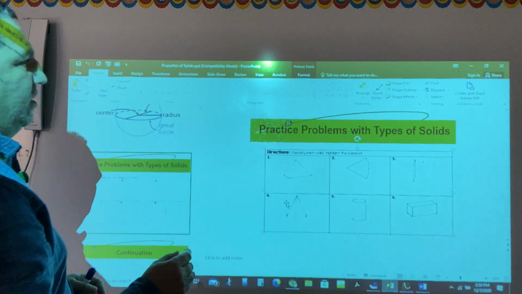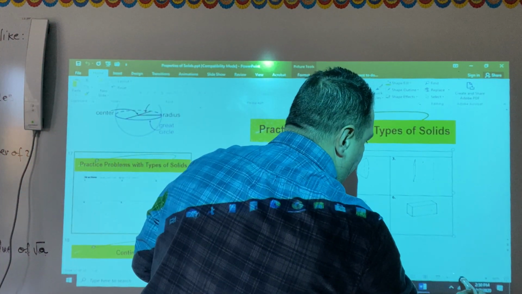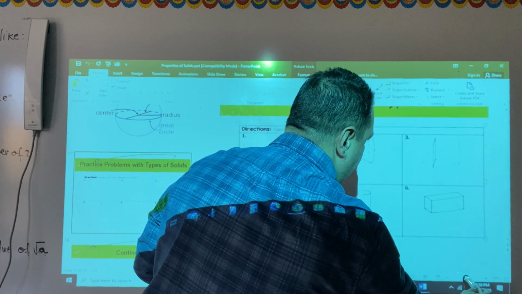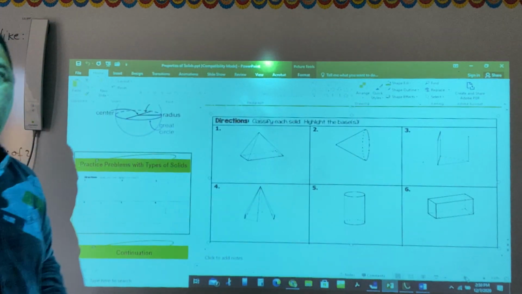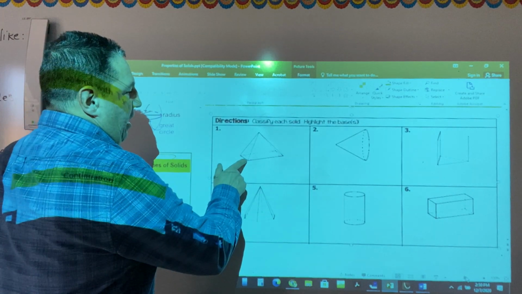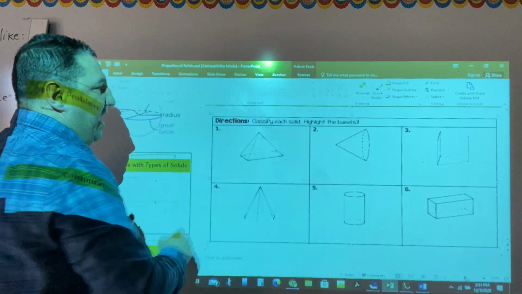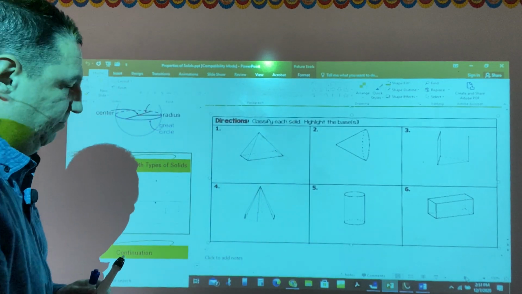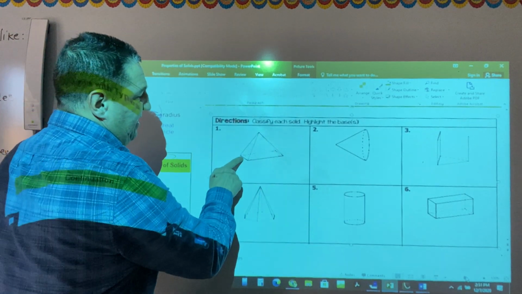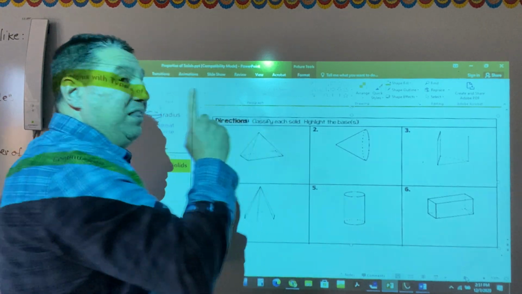Identifying 3D shapes. On number one, let's find the right name of this polyhedron. As we can see here, this shape has only one base.